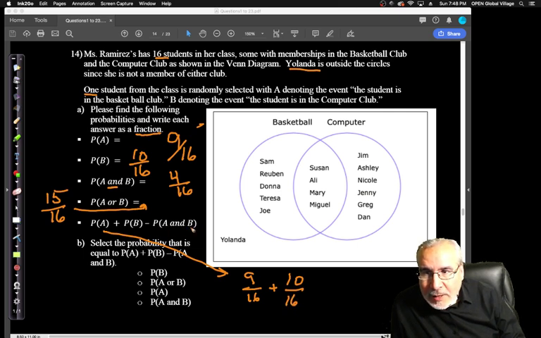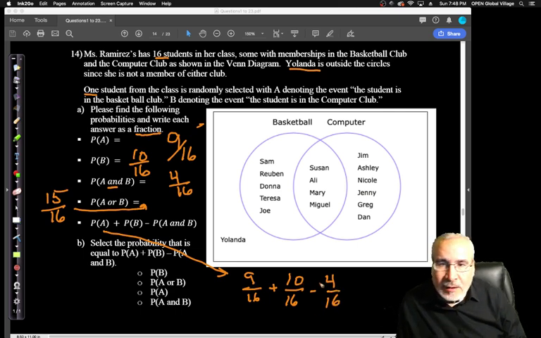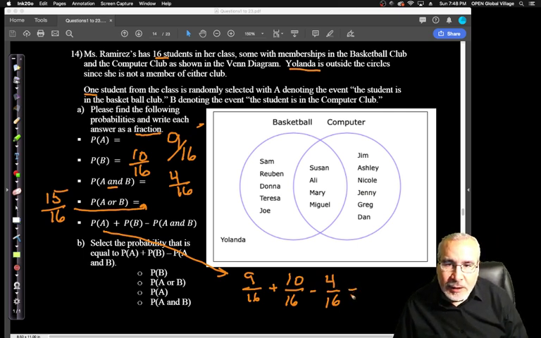Minus the probability of A and B, because that's the overlap. That's ones that we counted twice if we're going to do this. So it's minus 4/16. So 9 plus 10 is 19. Minus 4 is 15, 16ths. And what does that equal? Well, there's 15/16 here. That's the probability A or B.